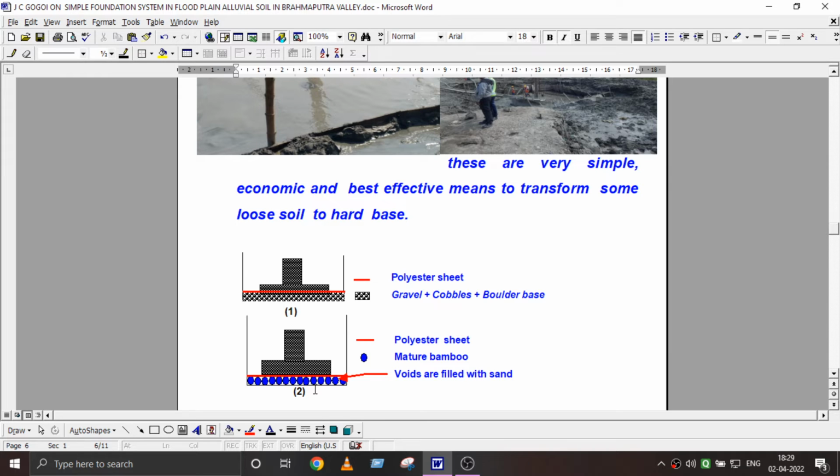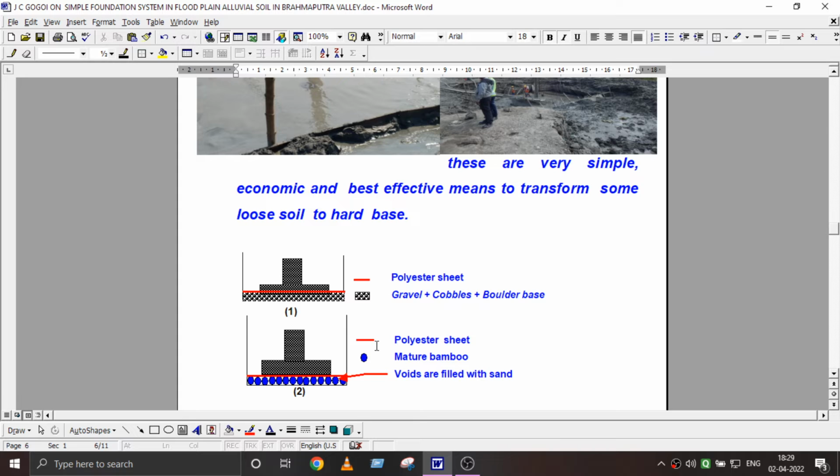Since 1960, this type of practice was normally used, before introducing the geobag or geofabric or this modern technological development. Before introduction of this modern technology, this simple method was used since long history back.